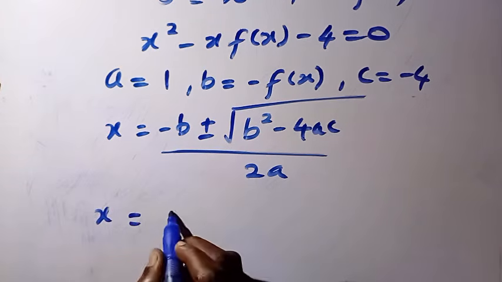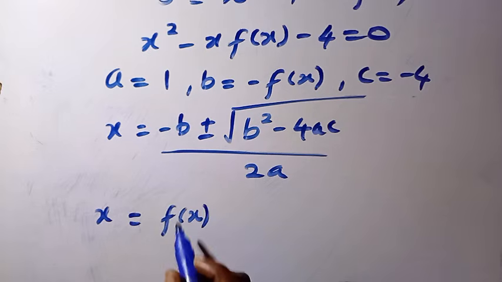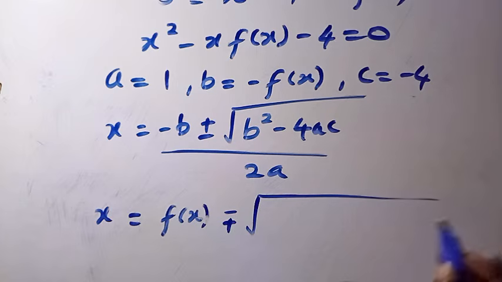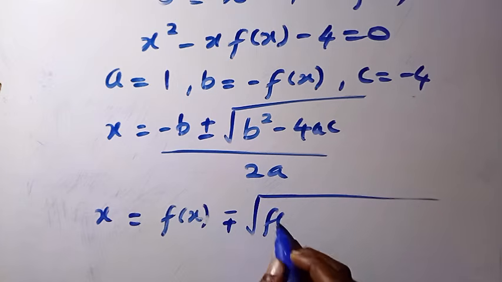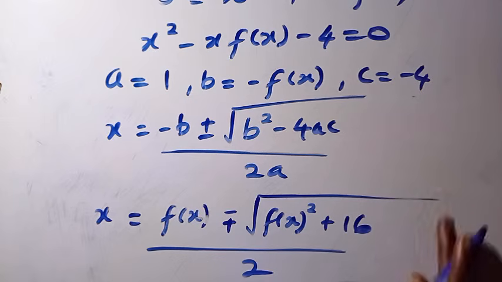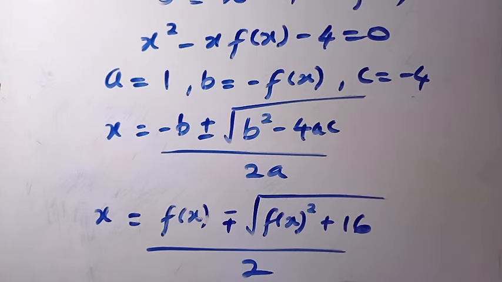So x equals, we have f of x, minus cancel minus, plus or minus the square root of f of x, we take squared, then plus 16, all divided by 2. So this is what we have in short.